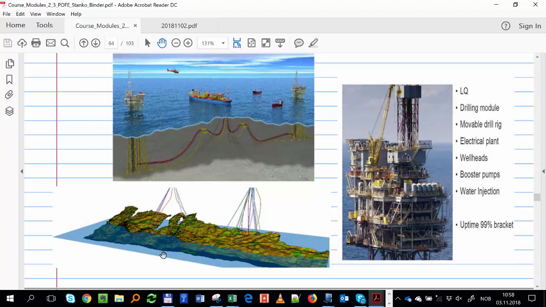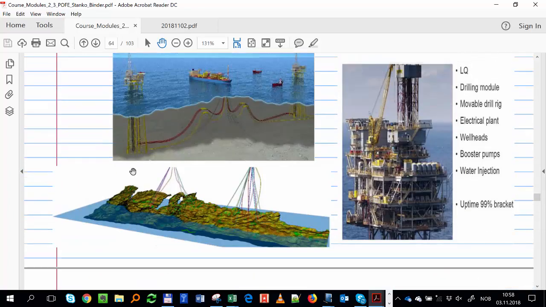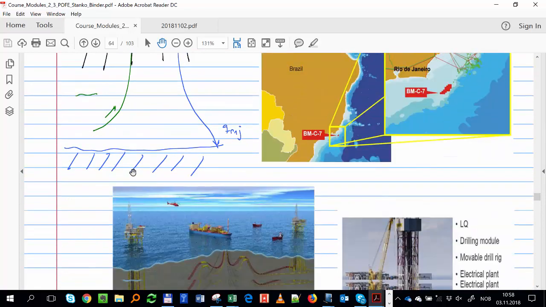Okay, and it has water injection. So the wells are produced here. You have like a little gas, so you have a separator here, and then the oil is transported to this FPSO, where you separate the gas and send it back, and you also separate the water and send it back for injection. Okay, and this field is called Peregrino.